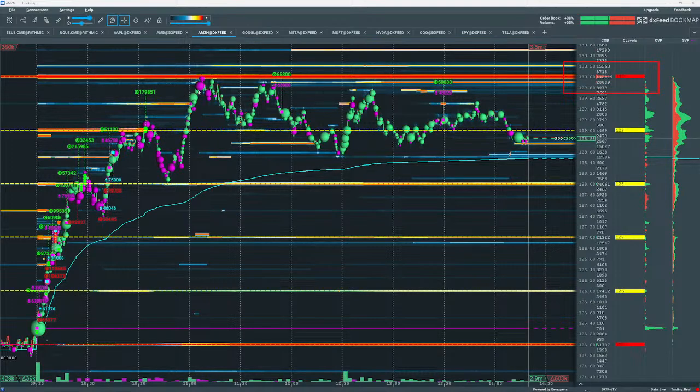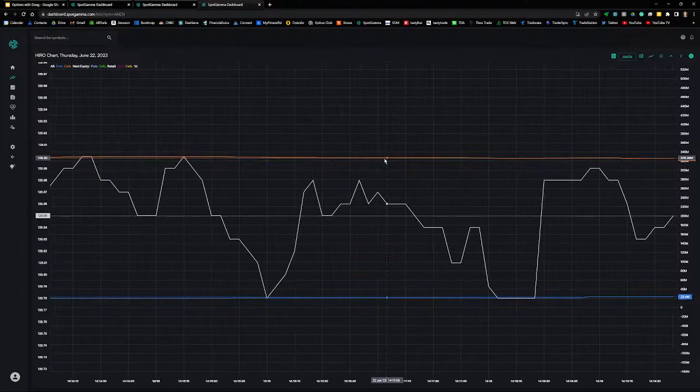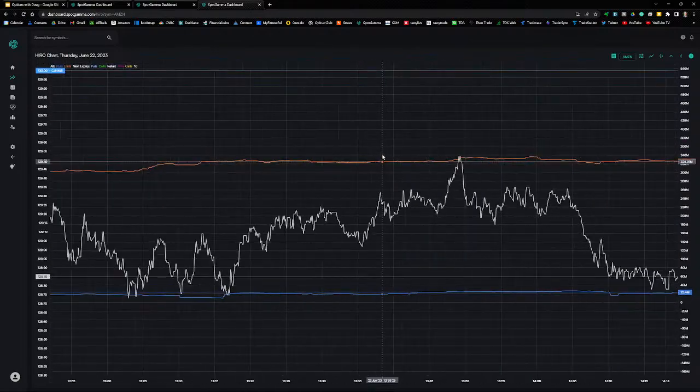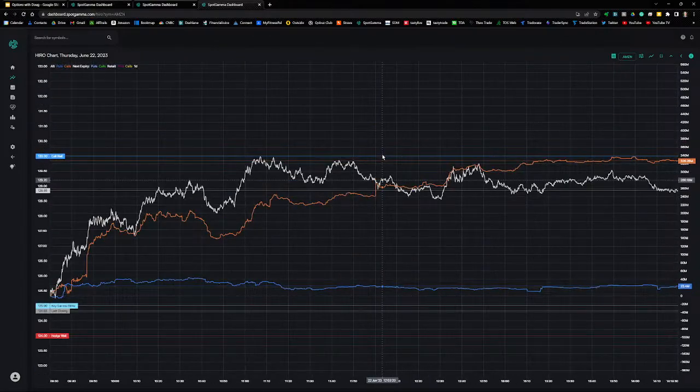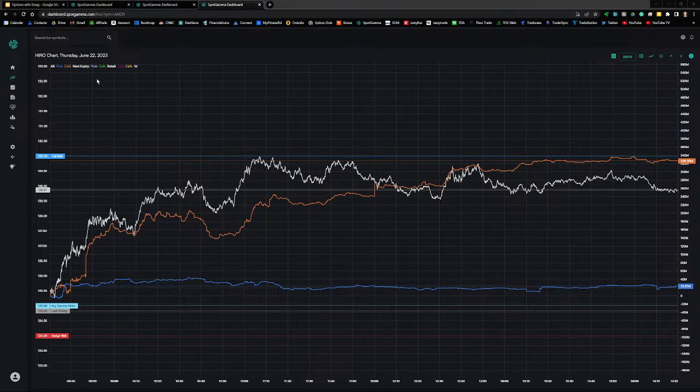And let's just take a look at Hero again. We'll zoom in on this chart. So here's the call wall at 130, and note the blue line for puts.